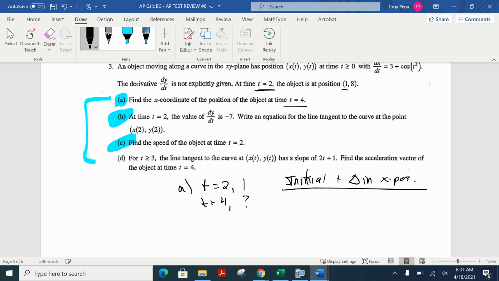So the initial at the time of 2 here, our initial x position was 1. And then we need to add that to the change in our x position. So we're going to integrate x prime over the interval of 2 to 4.